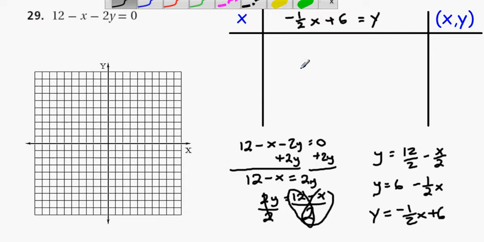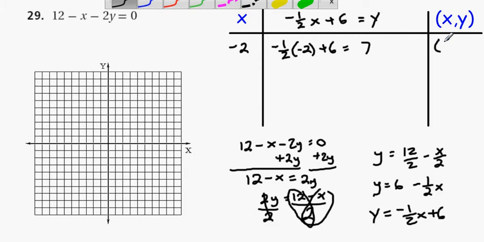So let's substitute some numbers now in for x. If I let x be negative 2 and substitute that value in for x in the expression, well, a negative times a negative is a positive, right? And half of 2 is 1. So I have 1 plus 6, which gives me 7.